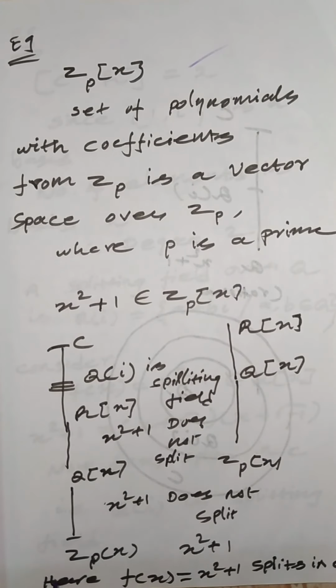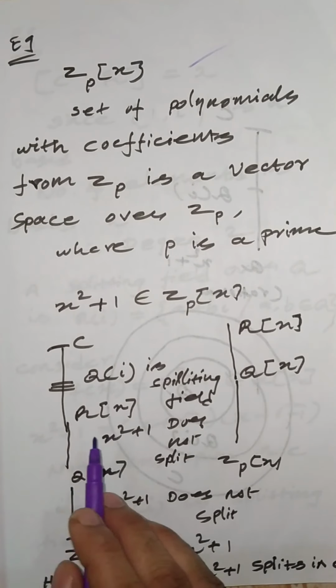So I take x square plus 1 over the rationals, the collection of polynomials Q[x]. Here x square plus 1 does not split. We can't factorize it here, we did not get the roots. So it does not split.